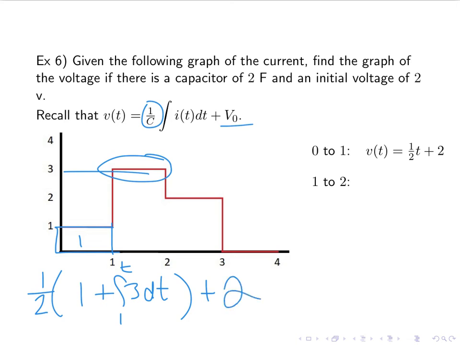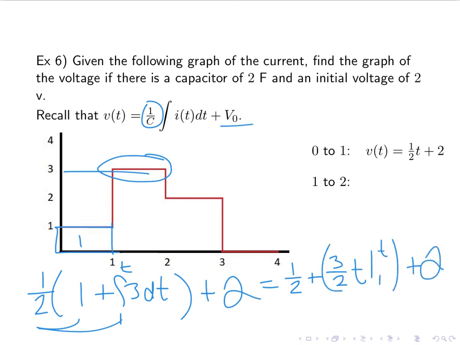So then I'm going to integrate. I'm also going to distribute my 1/2 here, so I'll have 1/2 plus the integral of 3 over 2 dt is 3 over 2 t, and this guy is evaluated from 1 to t, plus my 2.